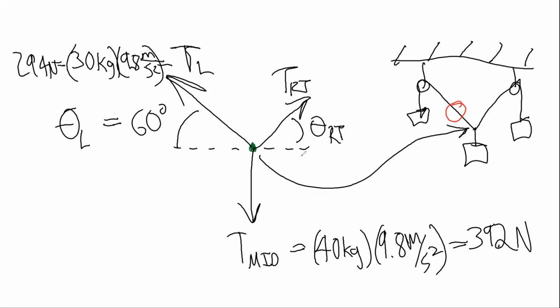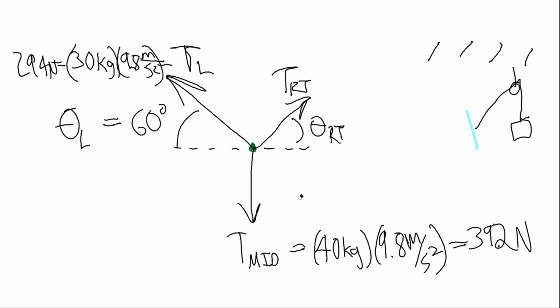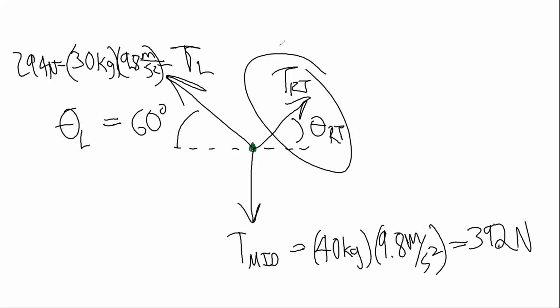Erase some stuff over here, make some more room. All right. So how do I do this? Bet you didn't know that you're having statics twice today. So what do I do here? So define some positive directions.